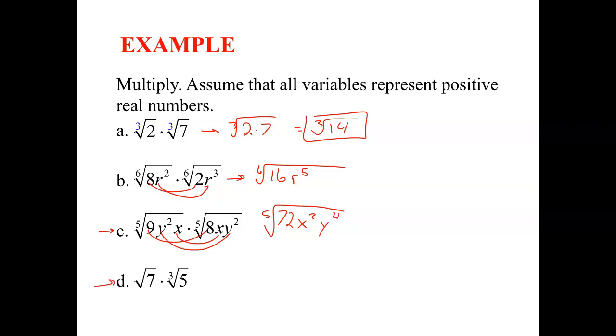Same index? No. What's the index on the square root of 7? 2. So the index is not the same. So I cannot simplify, so it is already simplified. Easy.